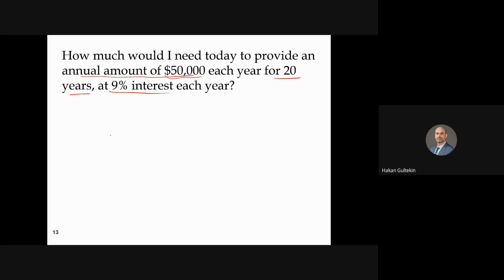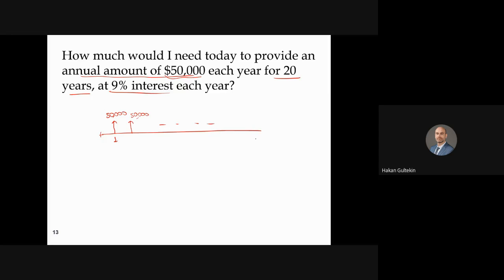Okay, cash flow diagram. It says that for 20 years, an annual amount of 50,000. So at the end of year 1, I will need this 50,000. At the end of year 2, I will need the same amount.